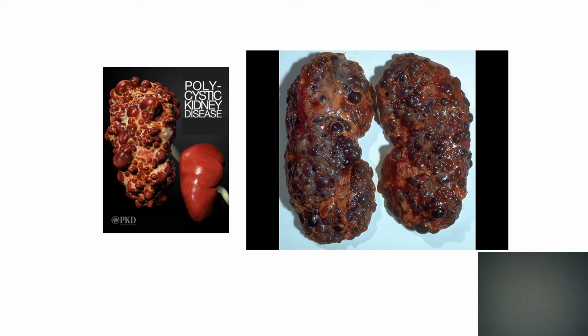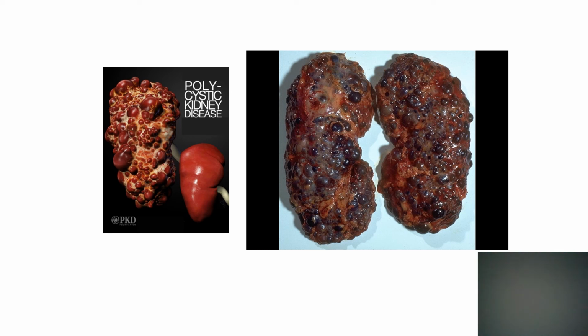Of course, with the rupture, there's infection, scar tissue, damage to the nephrons. There's no specific treatment to stop the progress of the destructive cysts. Ultimate result of the disease is chronic kidney disease.